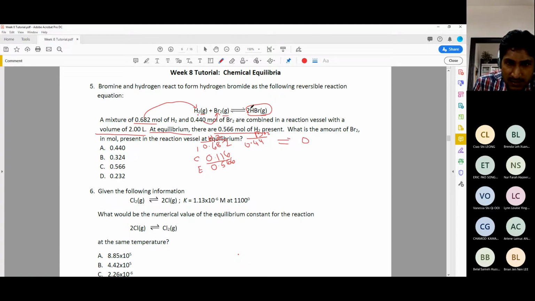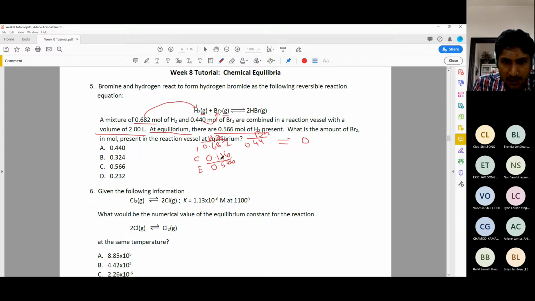But here it is 2 moles of hydrogen bromide that is produced. So if I use up 1 mole of hydrogen, for sure I will need 1 mole of bromine. If I use 2 moles, I will need 2 moles of bromine. If 0.1 mole of hydrogen, I will need 0.1 mole of bromine.